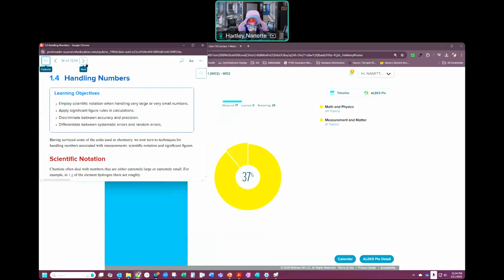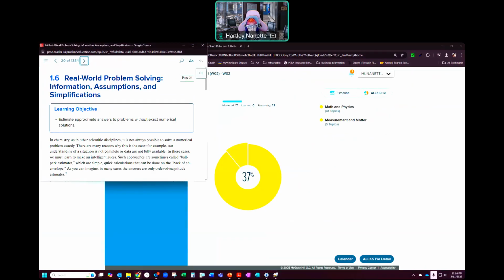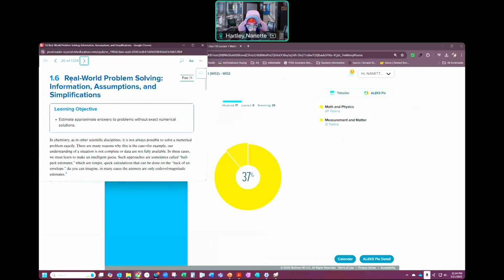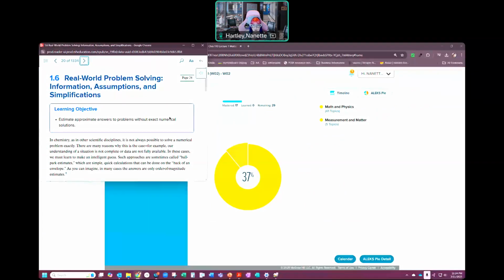So I'd be looking at section 1.4, handling numbers, 1.5, dimensional analysis and solving problems, and 1.6, real world problem solving. So those are those three sections.